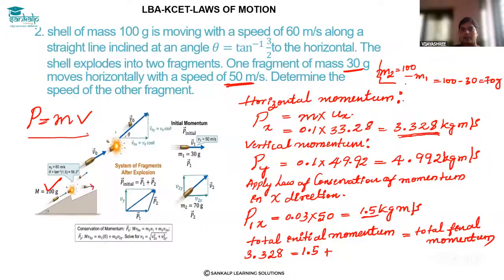So 70 gram is 0.07 kg into velocity. Horizontal velocity we don't know. That is why let us take the final horizontal velocity as v2.